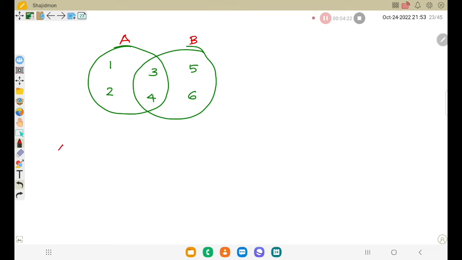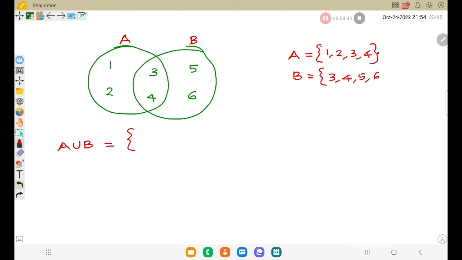Now, for example, if you are asked the question A union B, what will be the answer? A union B means all the numbers, correct? What are the numbers in A? What are the numbers in B? A means 1, 2, 3 and 4, correct? B equals 3, 4, 5 and 6.